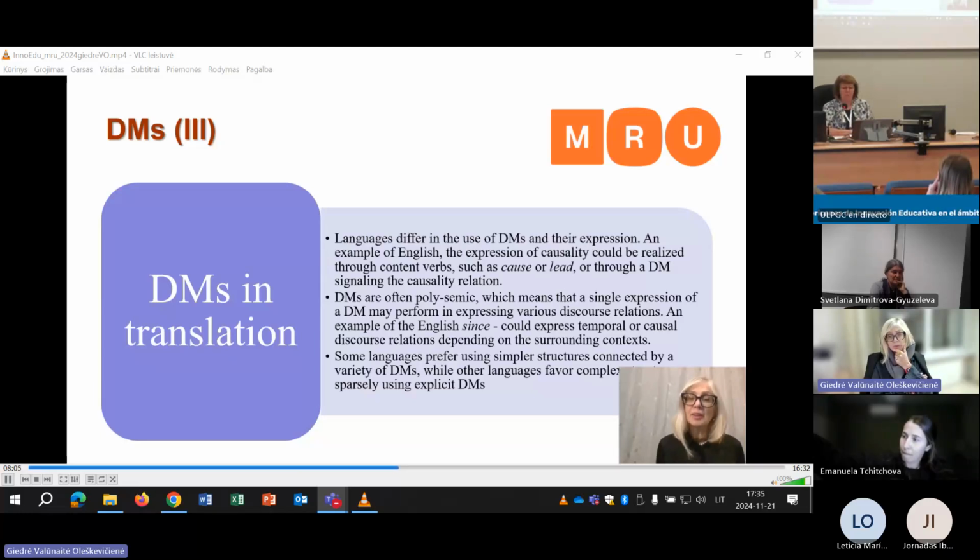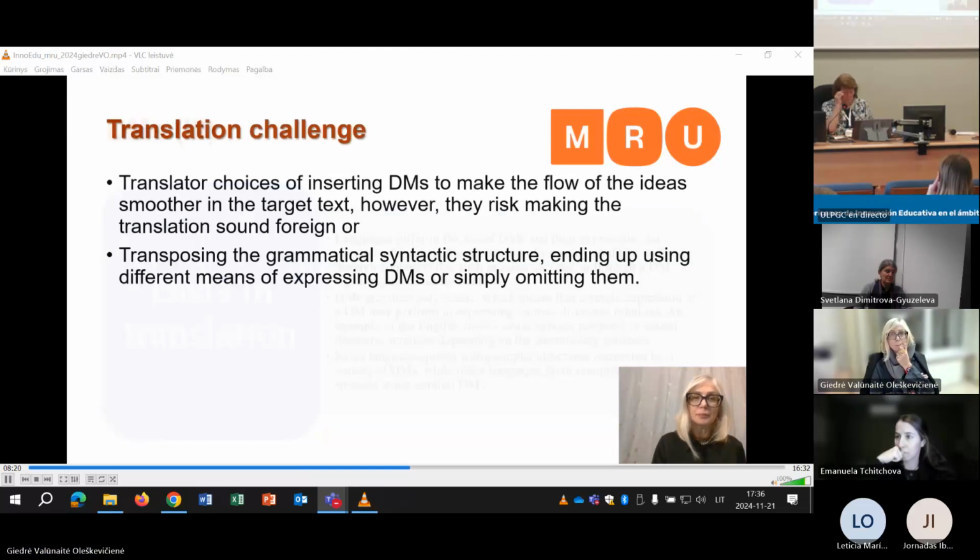Some languages prefer using simpler structures connected by a variety of discourse markers, while other languages favor complex sentences and sparsely use explicit discourse markers. There is also a translation challenge.